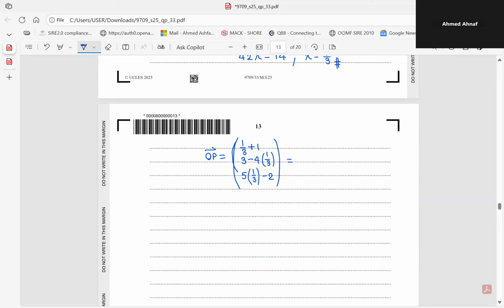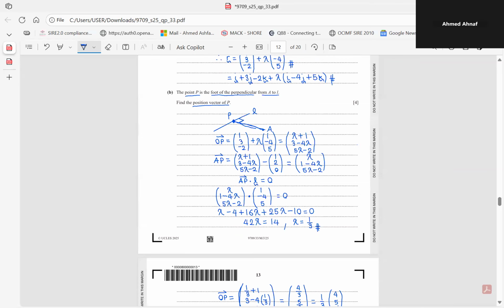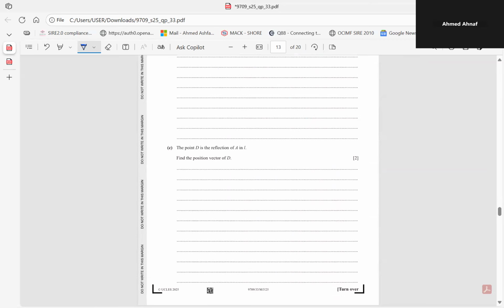This is equals to 4 over 3. 3 minus 4 over 3, that's 5 over 3. And 5 over 3 minus 2, that's minus 1/3. So we can factor out 1/3 to get 1/3 times 4, 5, minus 1. So this is our final answer for this part. Let's head on to the last part.